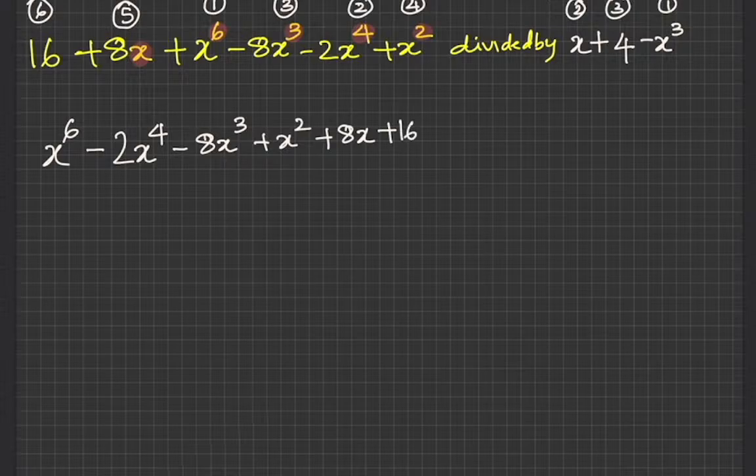So you can see it is in descending order, right? 6, 4, 3, 2, 1, 0. And then I'm going to rearrange the divisor as well: negative x to the power 3 plus x plus 4. So now we are good to go.